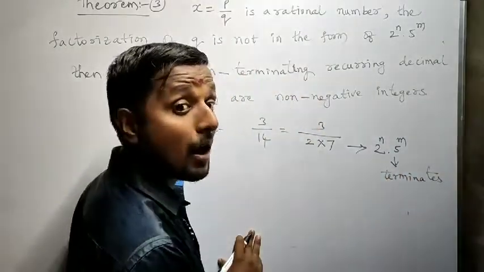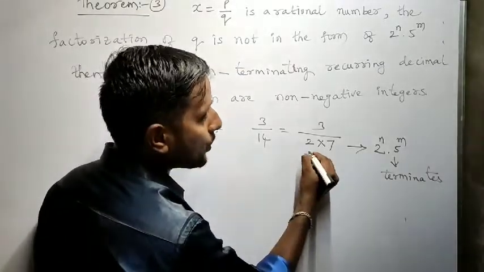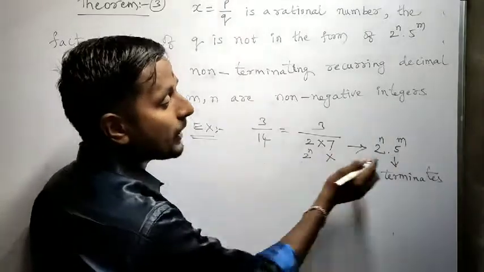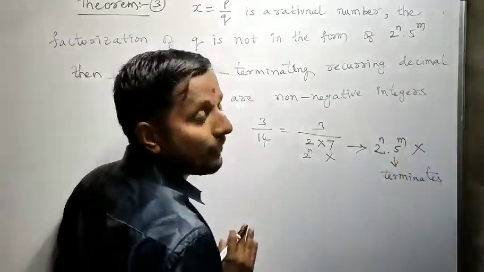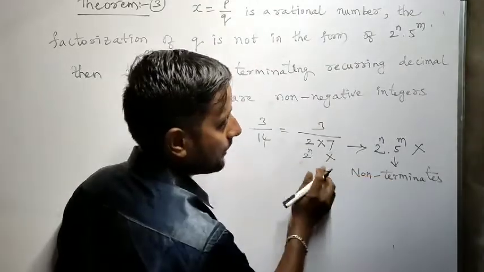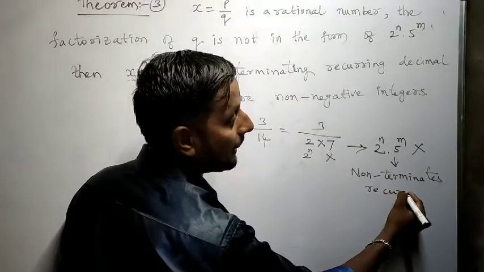Or else it is non-terminating and recurring. Look at 2, it's okay, but there is additionally 7, correct? So it is not in the form of 2 power n into 5 power m. So it is non-terminating, and along with that it is a recurring decimal.